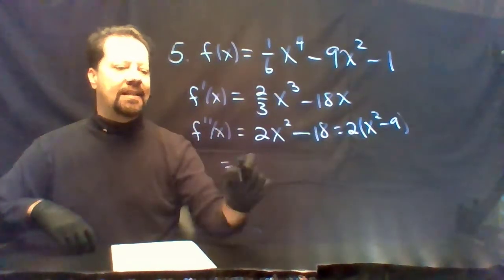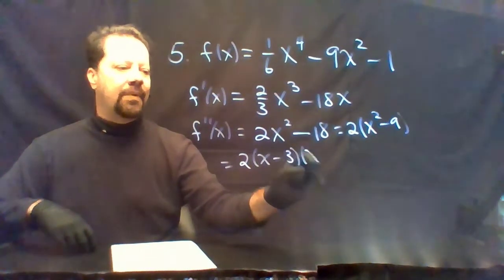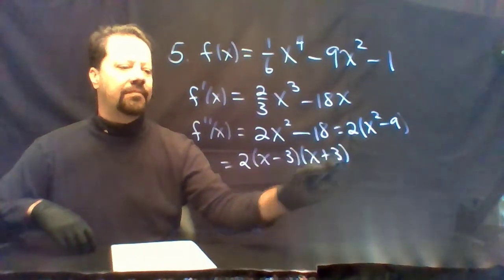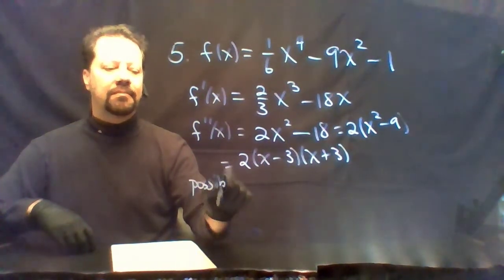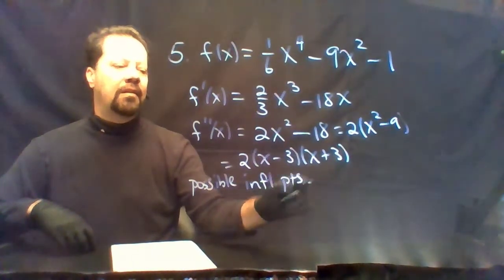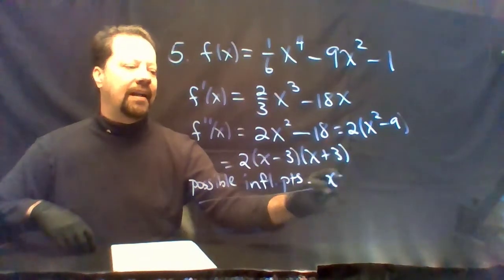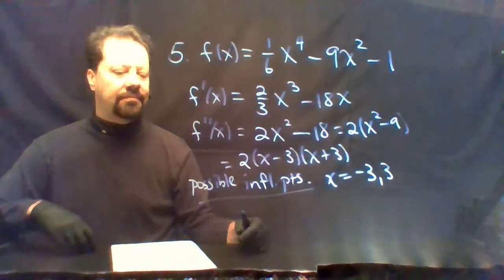X squared minus 9 is a difference of squares, and it factors as a difference of squares. We see that the possible inflection points occur at x equals -3 and x equals 3.